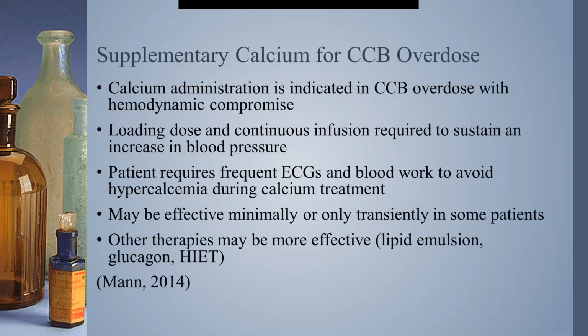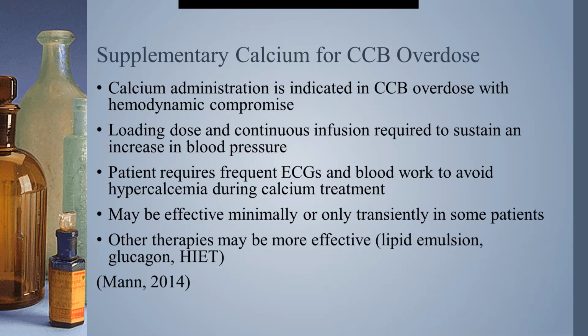All right, discussing supplementary calcium for calcium channel blocker overdose. Calcium administration is indicated in calcium channel blocker overdose with hemodynamic compromise. There's a loading dose for calcium and a continuous infusion, which is required to sustain an increase in the blood pressure.